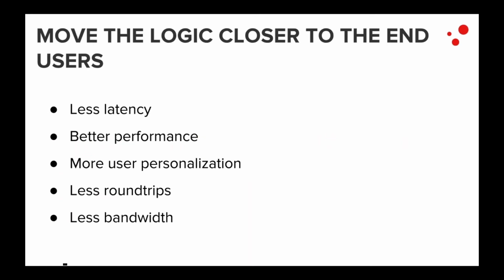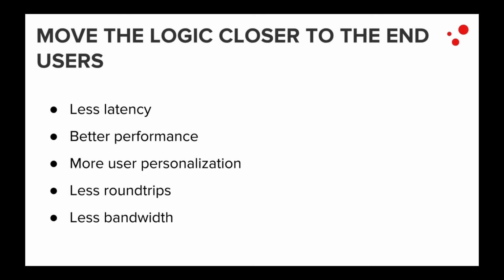And that's when the edge came in, actually. So remember, we are moving from a cloud architecture to the edge architecture. Why this? The solution is easy. Since we can't really change the infrastructure, we simply move the whole logic closer to the end user. So we have less latency, better performance overall, ability to do more user personalization, and keep this in mind, fewer round trips and less bandwidth.